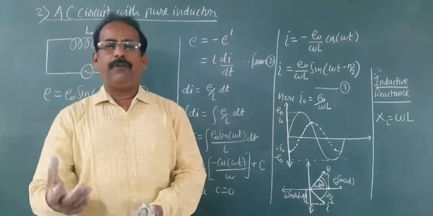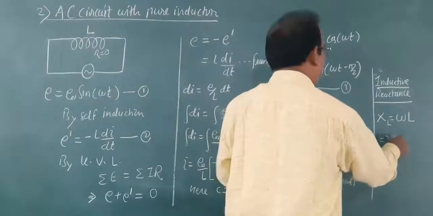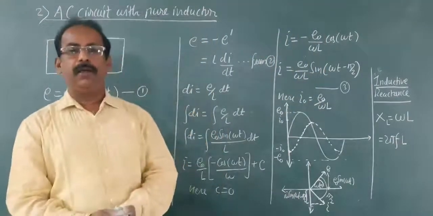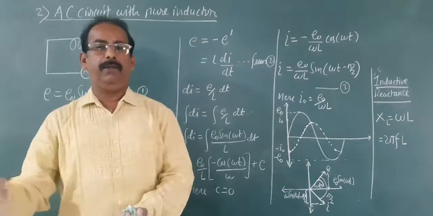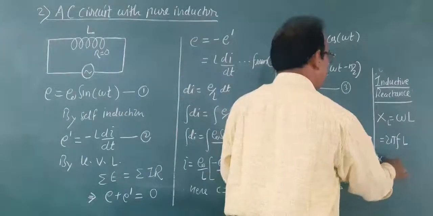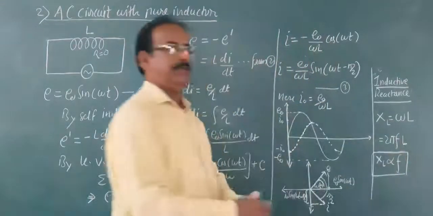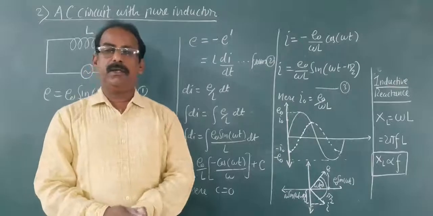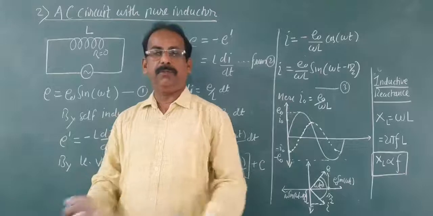You know omega, which is angular speed, it is equal to 2 pi f. Therefore, we get XL equals 2 pi f L. From this, we find that this XL, inductive reactance, varies directly with the frequency of alternating EMF.